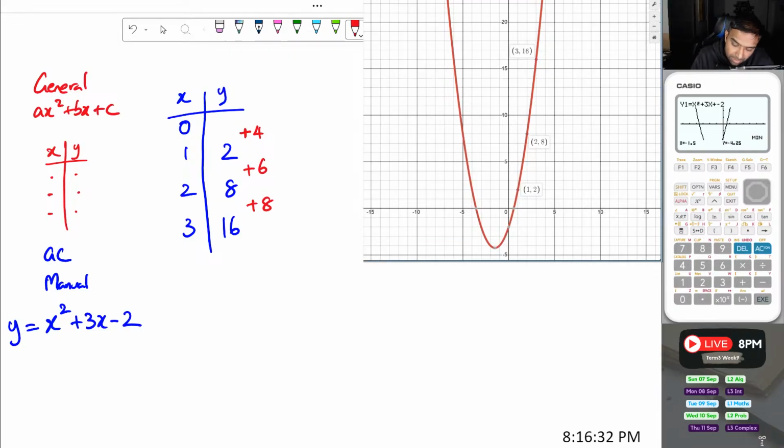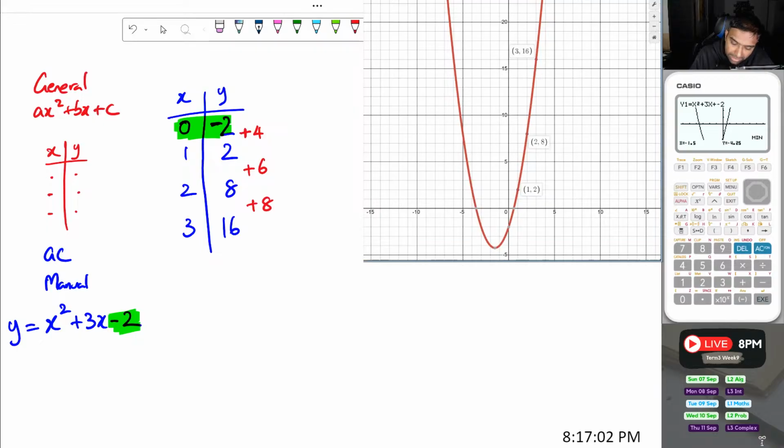You've got to think about it like this: the blue question mark plus 4 equals 2. If you work backwards, you get 2 minus 4, and you end up with negative 2. What you should notice is that the negative 2 is the y-intercept. You can see the y-intercept written in the equation.